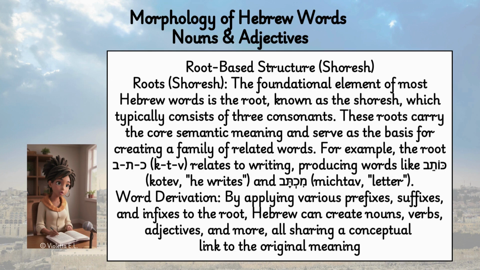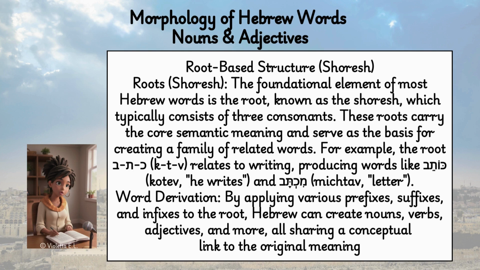Here's an overview of the key aspects of Hebrew morphology. The foundational element of most Hebrew words is the root, which typically consists of 3 consonants. These roots carry the core Semitic meaning and serve as the basis for creating a family of related words.